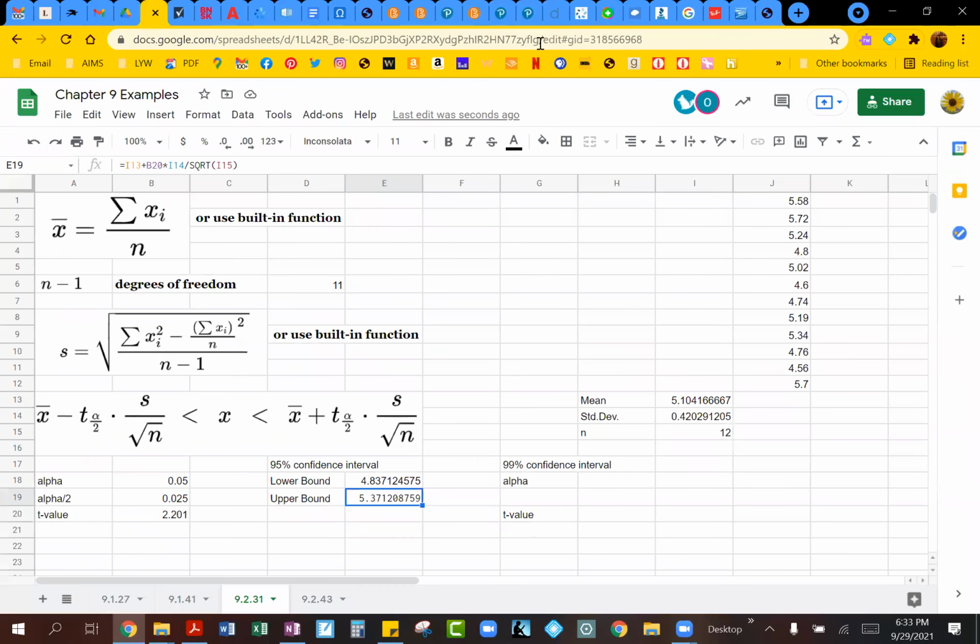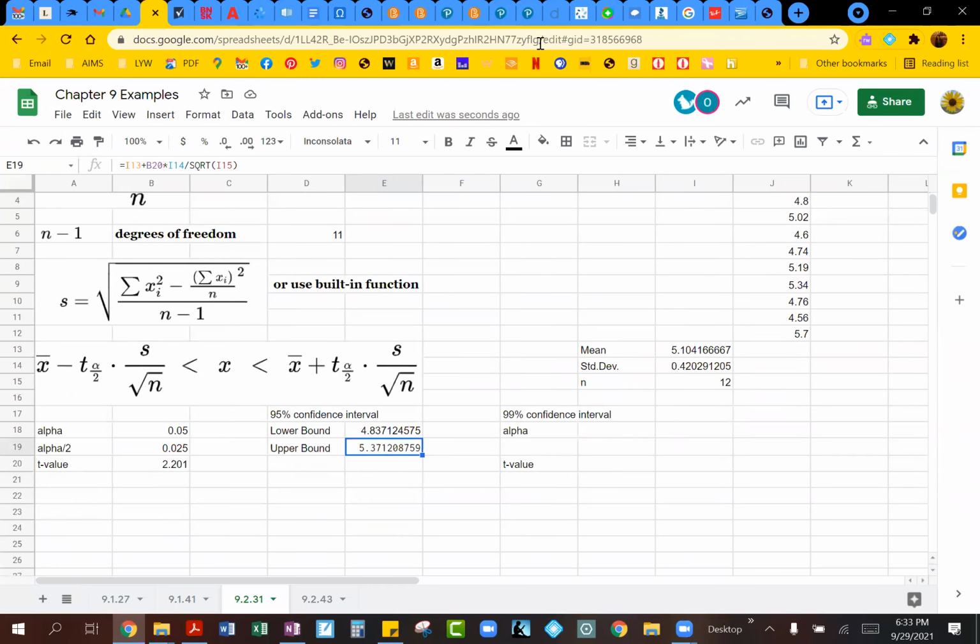So coming back over here, you're basically repeating these same calculations that we just did. So your confidence interval is 99%, which means our alpha will be 1 minus 0.99. So you can see that comes out to be 0.01.